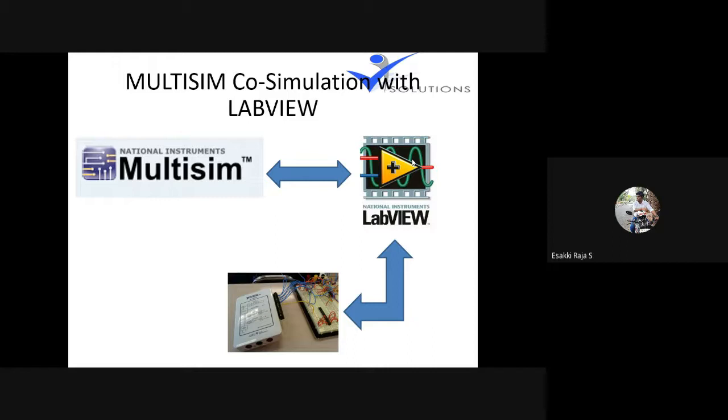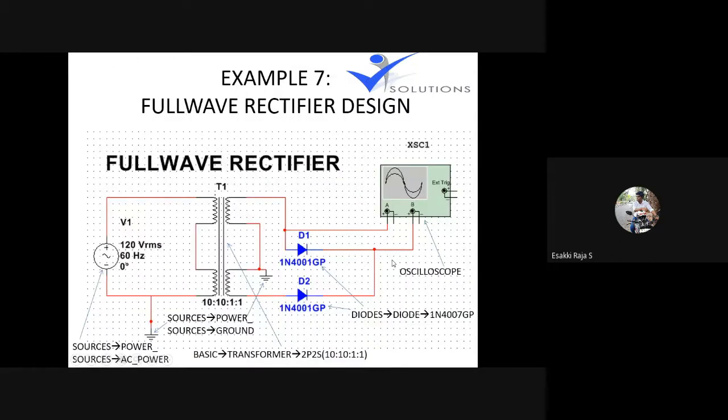So I think, in a slide, I have a code for a rectifier only. It is a full wave rectifier. Here you can see we have used two diodes, and to measure the output we have used an oscilloscope.